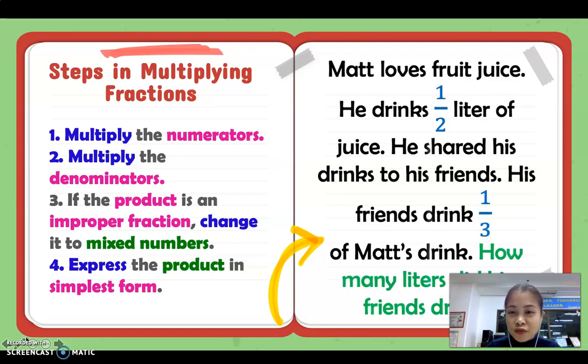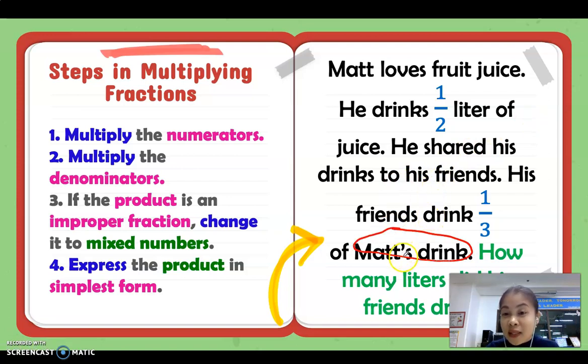But let's answer first the word problem of Matt. So again, Matt loves fruit juice. He drinks 1/2 liter of juice, and his friends drink 1/3 of Matt's drink. So if you're going to write it, 1/3 of Matt's drink.